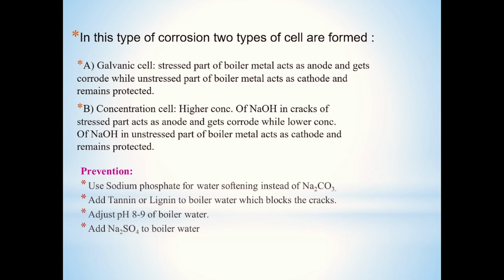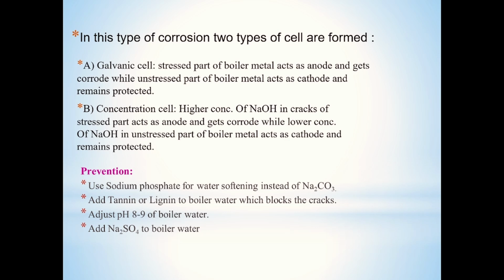As we discussed, caustic embrittlement is one type of corrosion and it is caused due to the formation of two types of cell. It can be explained in this way: formation of a galvanic cell and formation of a concentration cell. In the galvanic cell, the stressed part of the boiler metal acts as the anode and gets corroded, while the unstressed part of the boiler metal acts as a cathode and remains protected.